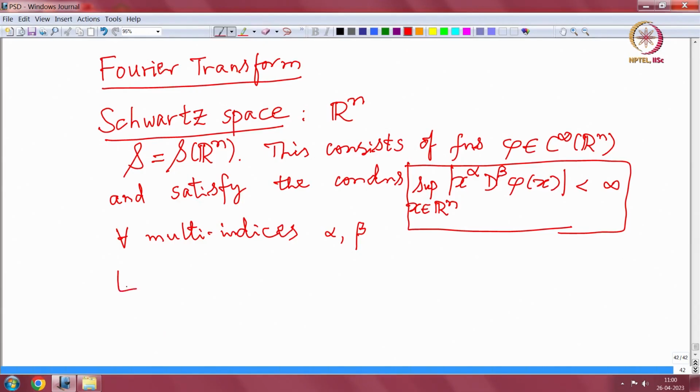So a typical example. Okay, so this appears again and again. So this is the typical Gaussian.